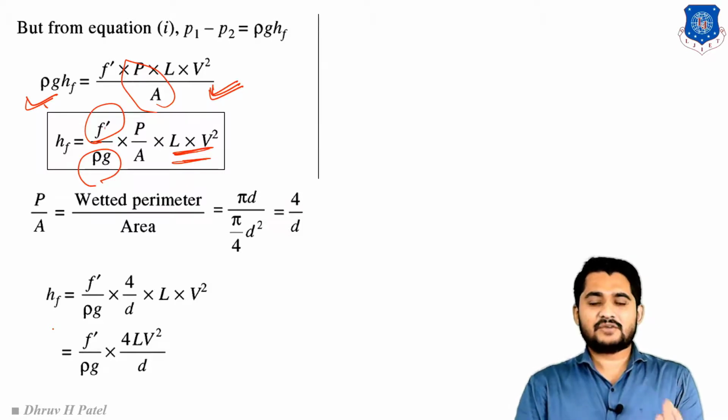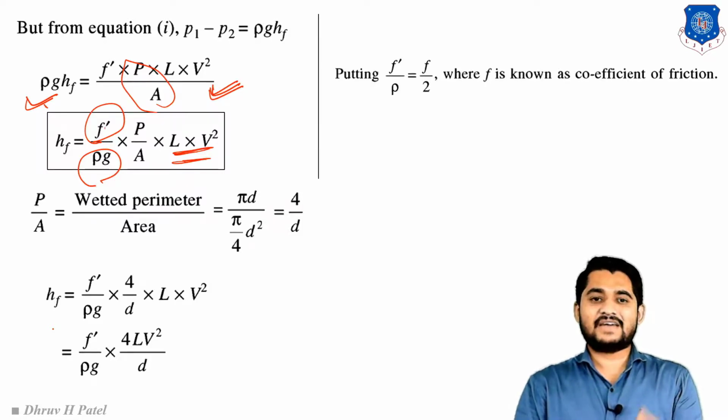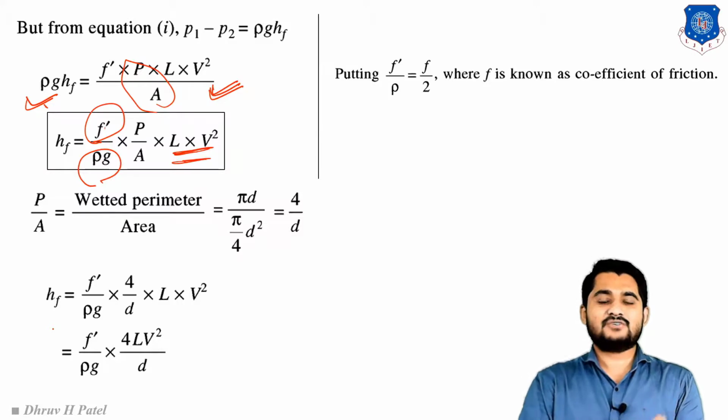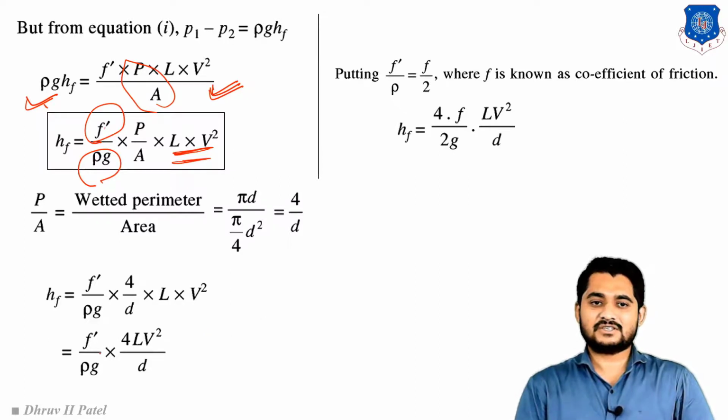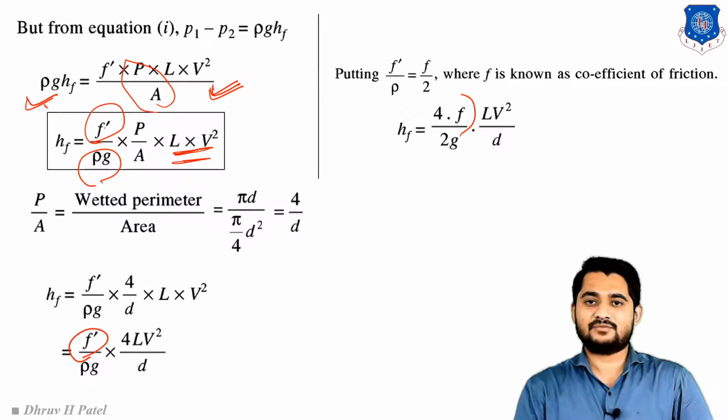So instead of F dash by rho G, we can write F by 2 because F is known as coefficient of friction, or also we can say frictional coefficient. So we can write this equation here. Instead of F dash, we can write here F by 2. Other terms will be as it is. So 4 L V square divided by G D remains as it is.